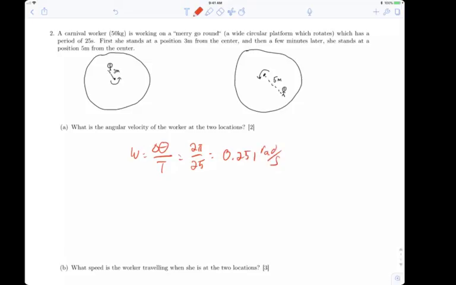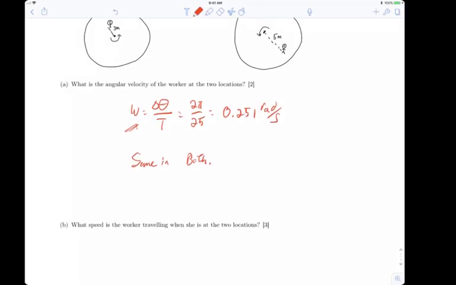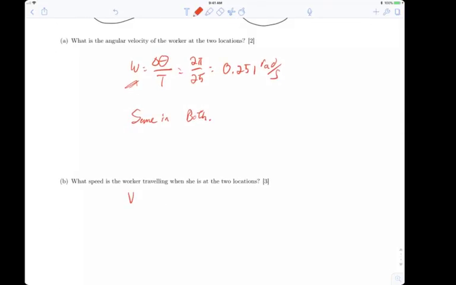It's the same in both locations. That said, the speed they're traveling in both isn't the same, since v is R omega. The angular velocity is going to be the same because it's on a machine that's turning at a constant rate.